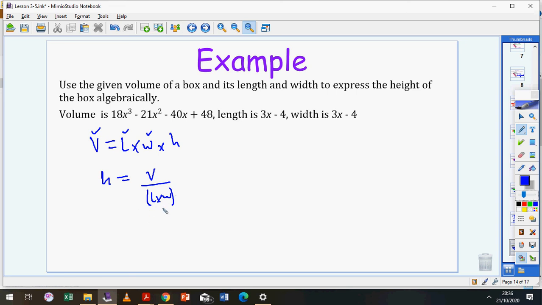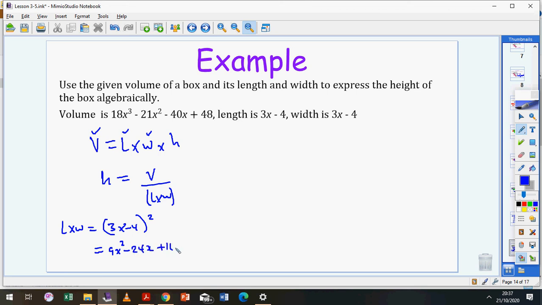So if the length is 3x minus 4 and the width is also 3x minus 4, then length times width is 3x minus 4 squared, which simplifies to 9x squared minus 3 times 4 is 12 times 2, 24x plus 16.